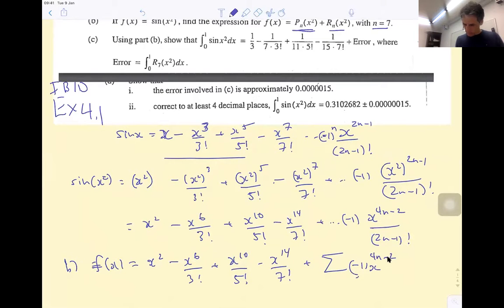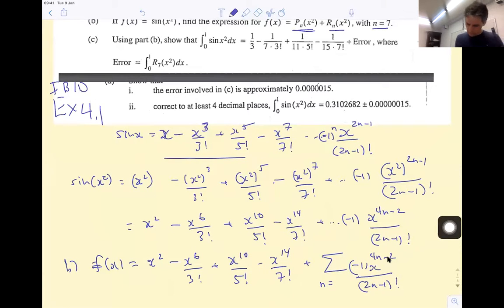That's x to the 4n minus 2, over 2n minus 1 factorial. But n would start off with, in this particular case, n would go here 1, 2, 3, 4.